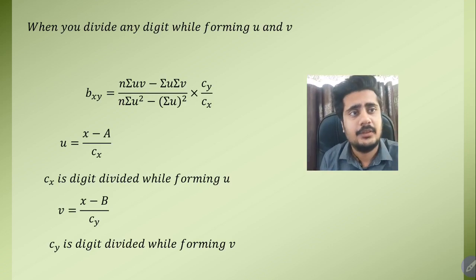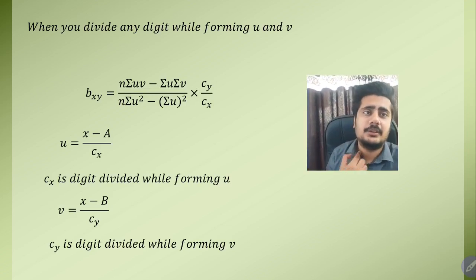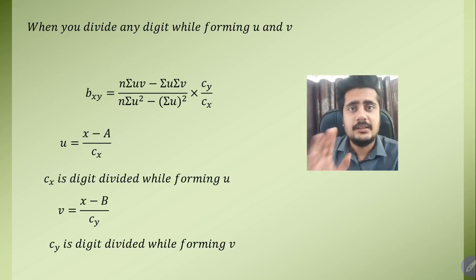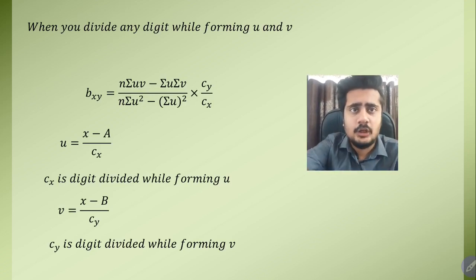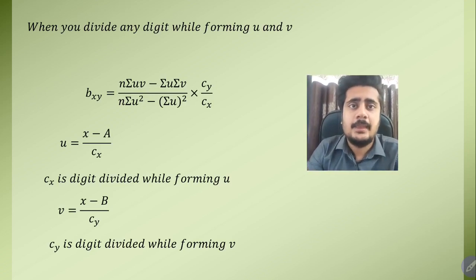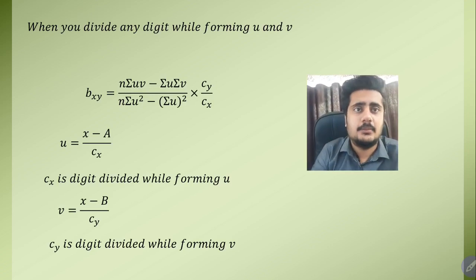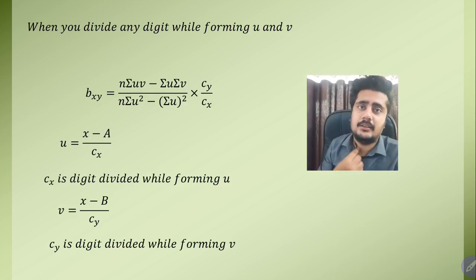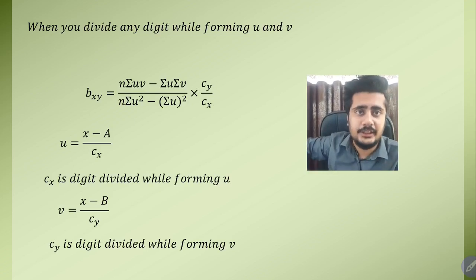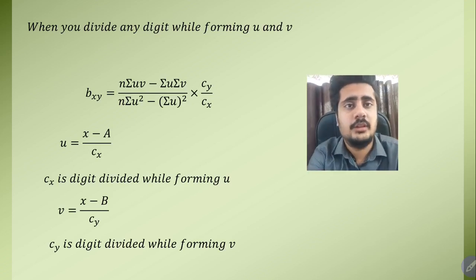In that chapter we were finding r, and in this chapter we are finding b, but the formula is somewhat the same, not exactly the same. It's n sigma uv minus sigma u sigma v upon n sigma u square minus sigma u whole square here, and there in the denominator there was a factor of root.